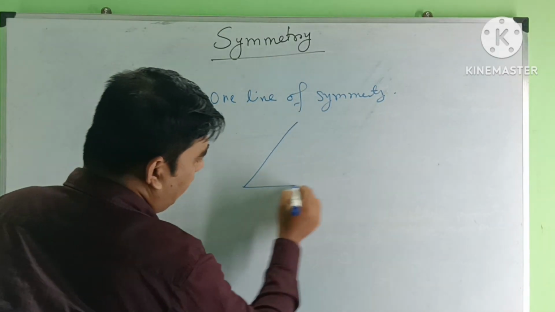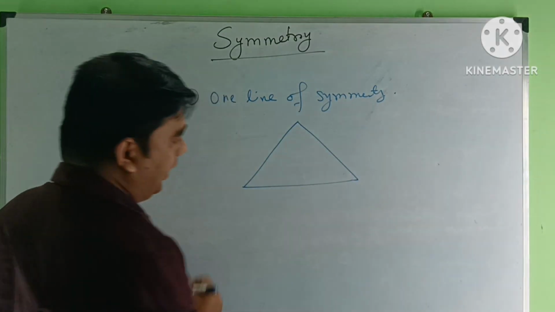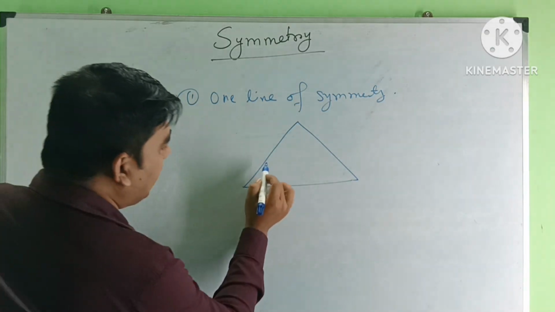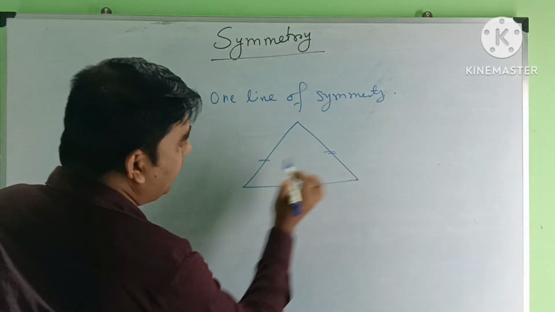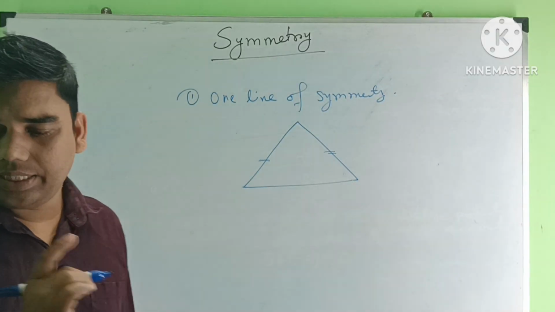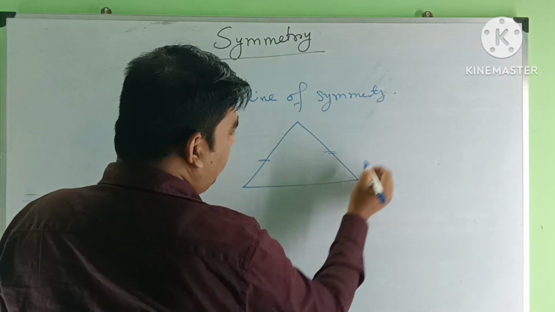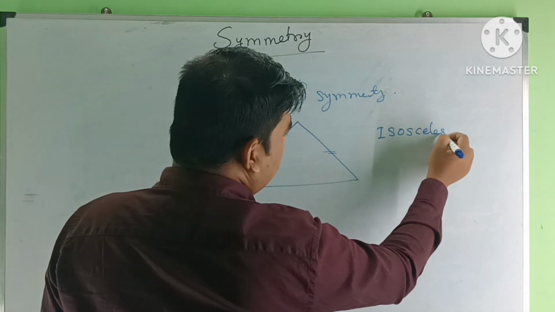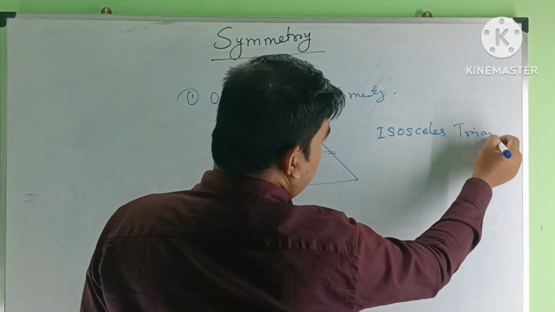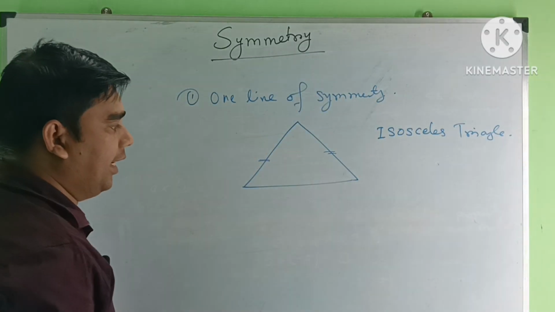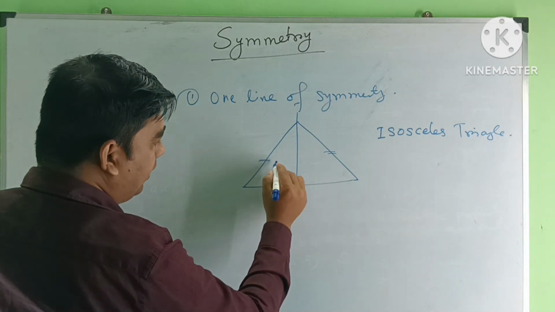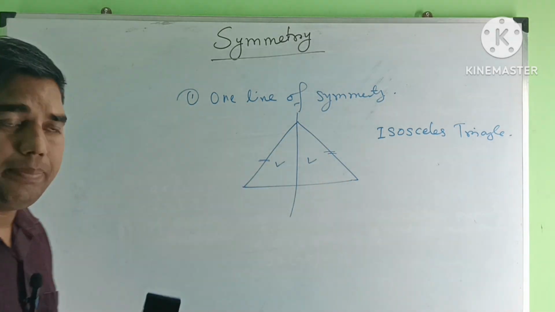If you consider an isosceles triangle, that means two sides are equal, this side and this side are equal. If you draw a vertical line, this part and this part are symmetric.